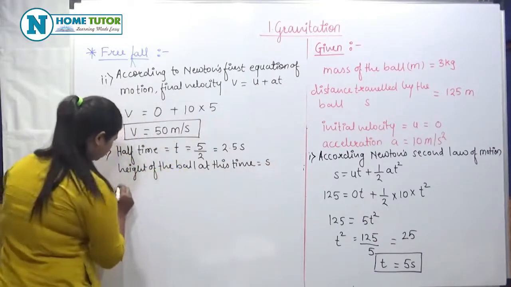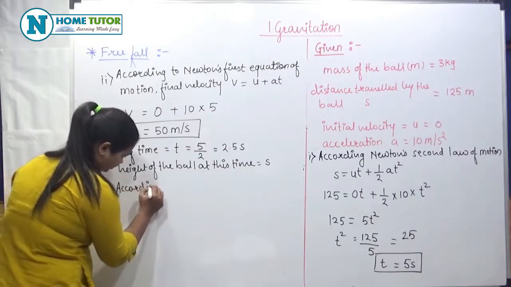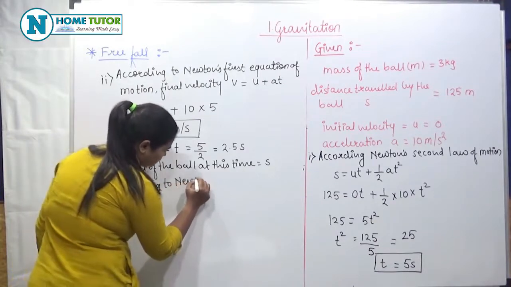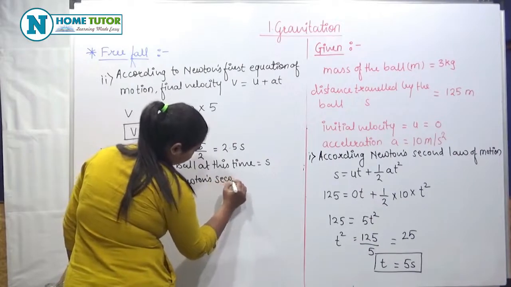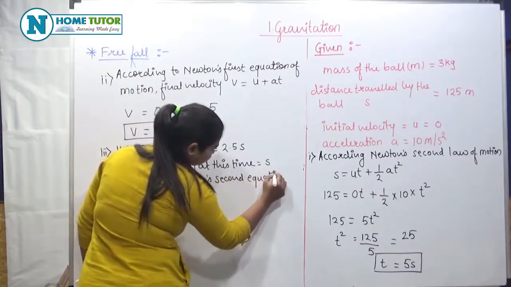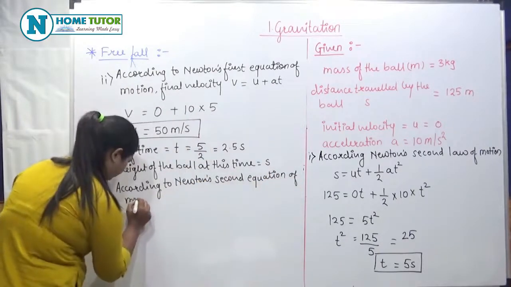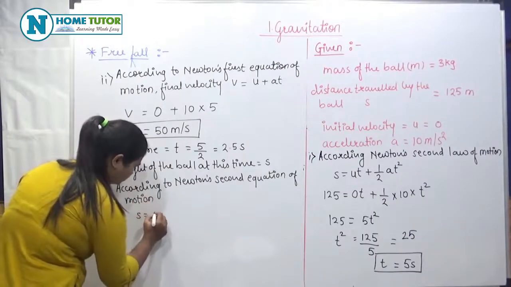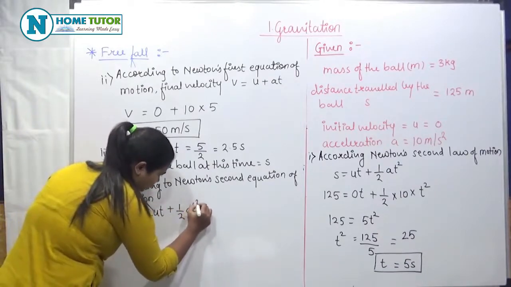So according to Newton's second equation of motion, S is equal to ut plus 1/2 at square.